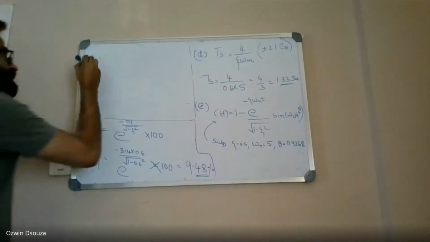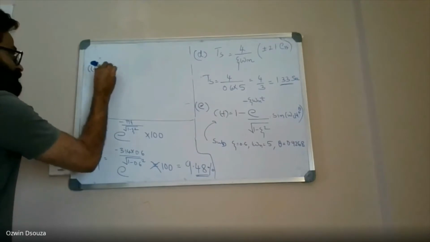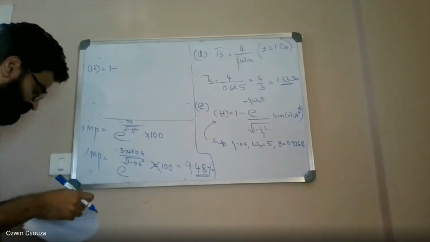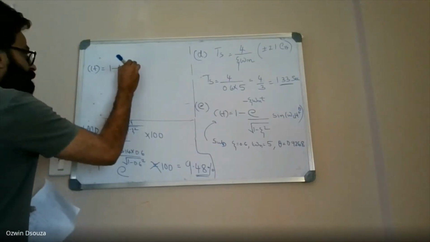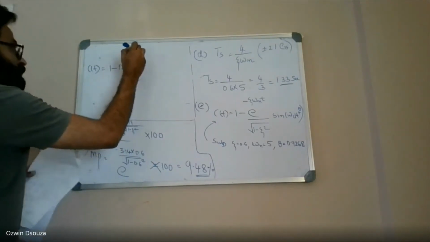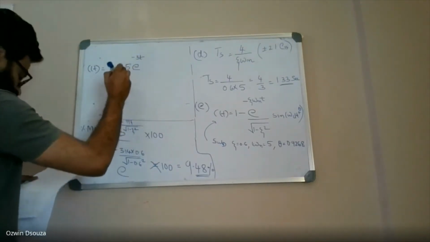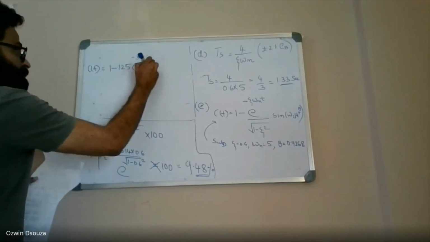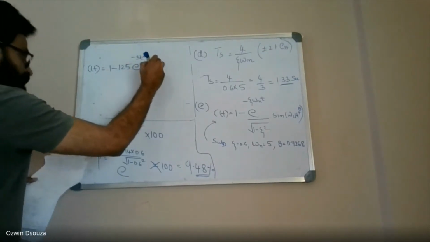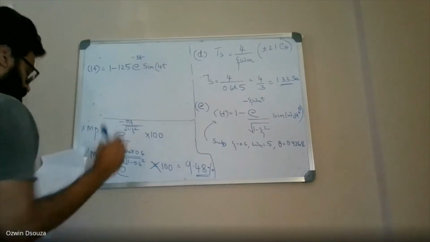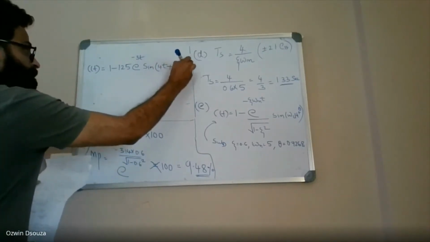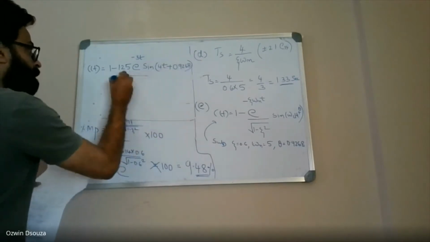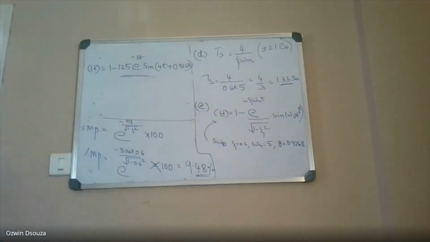So just check your answer. c of t is equal to 1 minus 1.25 e to the power minus 3t into sine of 4t plus theta 0.9268. So this is your closed loop response.